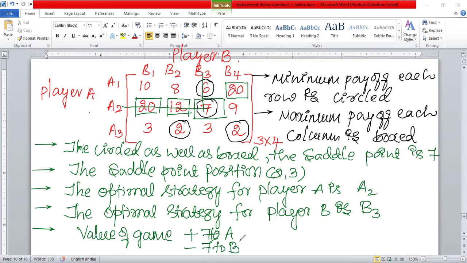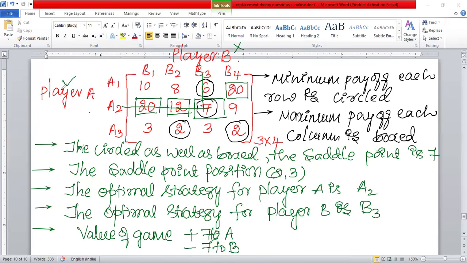What do you mean by plus 7 to A, minus 7 to B? The circle as well as box is a positive number, so player A won the game and player B lost the game. Plus is nothing but gain, minus is nothing but loss.